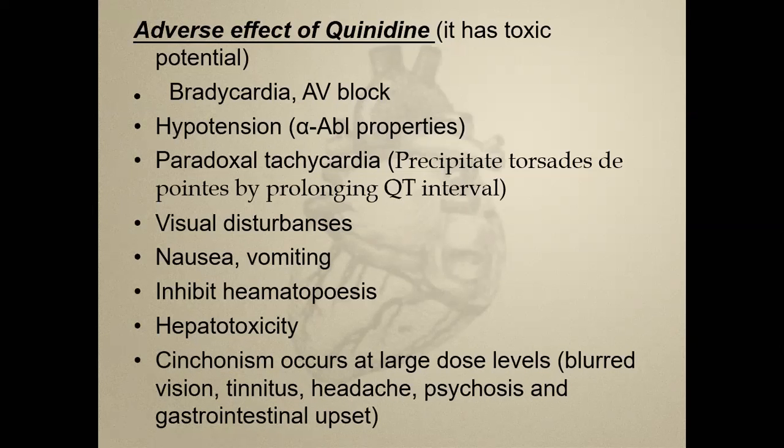But these drugs can lead to paradoxical tachycardia, torsades de pointes, by prolongation of the QT interval. This drug has M-cholinergic blocking action, and as a result there may be visual disturbances and GIT disturbances, nausea, vomiting.